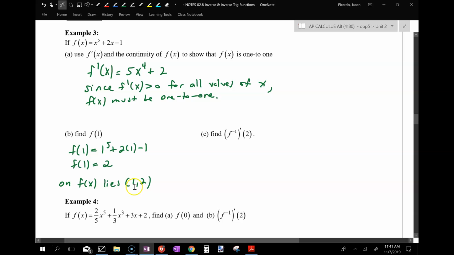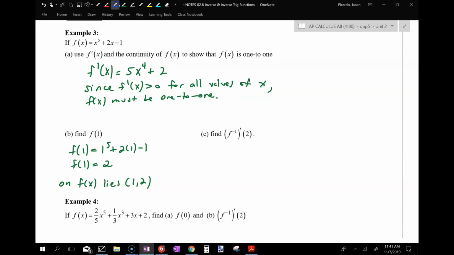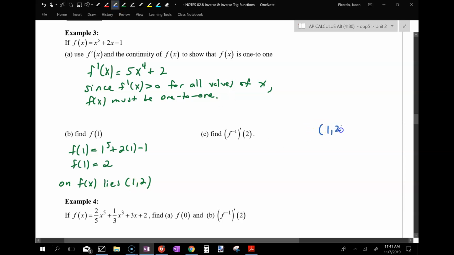Yeah, it's this, right? I already wrote that down. On f of x lies 1, 2. So on the inverse lies 2, 1, right? So 1, 2 and 2, 1 are corresponding values, right?